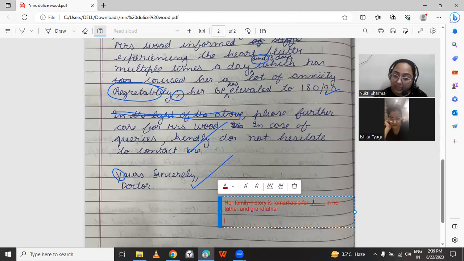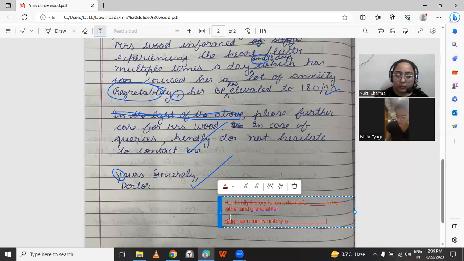In that case, the information would be important, because the primary is his own signs and the anxiety is because of the family history he has seen. So if it's not very important, just a secondary piece of information, then you can simply write that she has a family history of this.